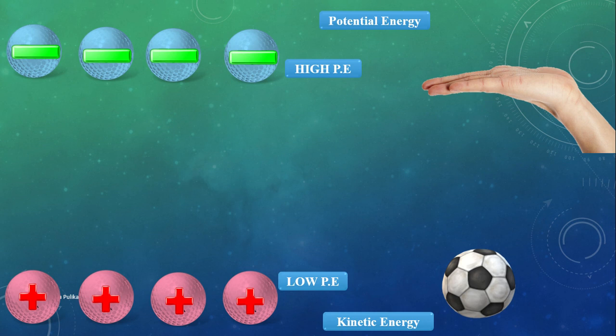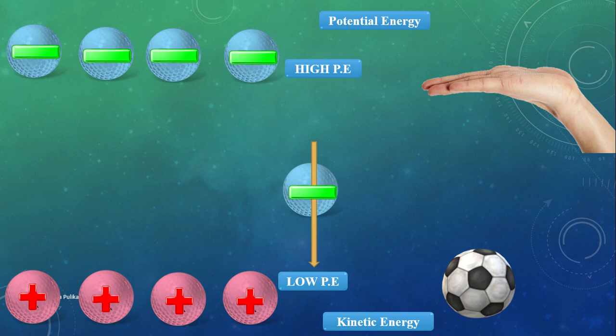Just like the ball will fall towards the earth.